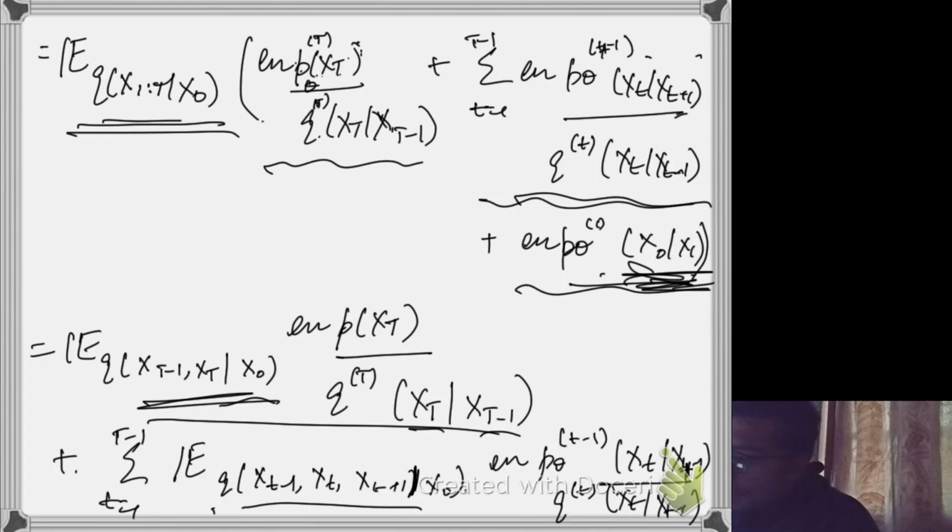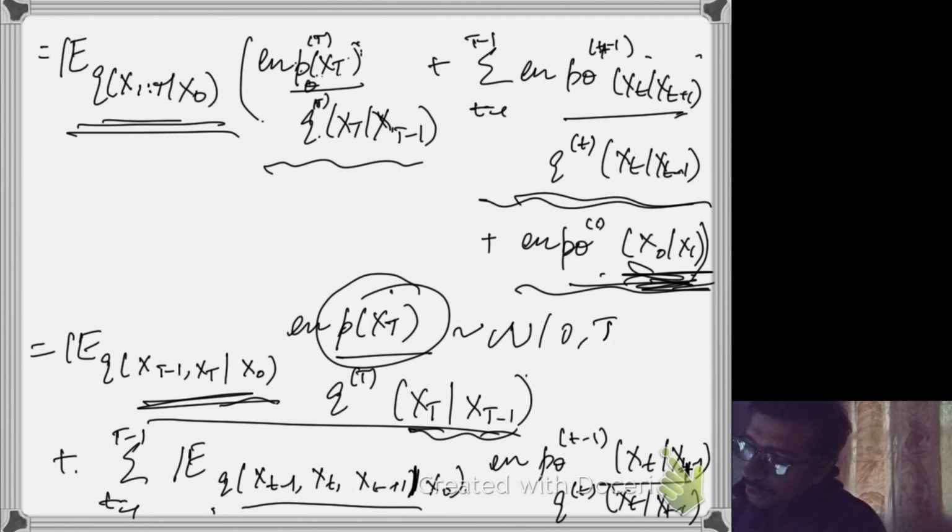So now let's look at each of these terms. The first term, which happens to be this x capital T over p over q of x t given x t minus 1. So note that x capital T was just normally distributed with mean 0 and covariance identity, and none of these distributions q had any parameters at all, right?